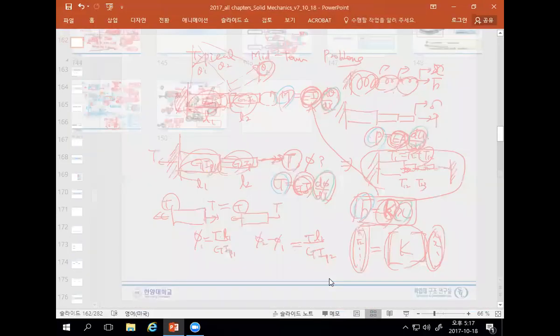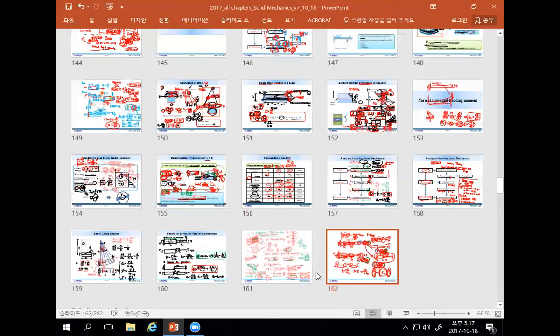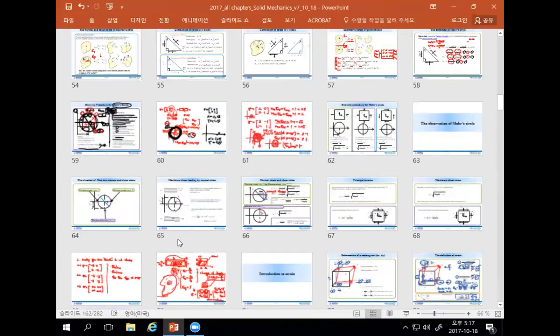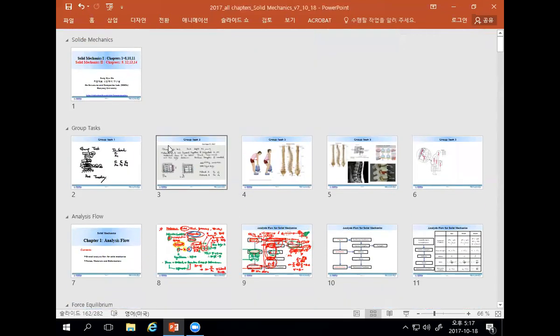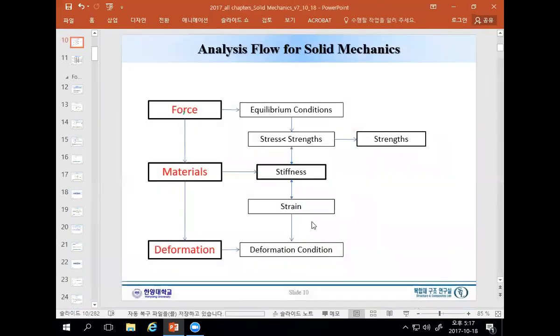Any questions? Again, the subject we cover will be included in the midterm. I'd like to say that the subject covered will be this flow chart, and for the bar, for the torque shaft, and for the beam.